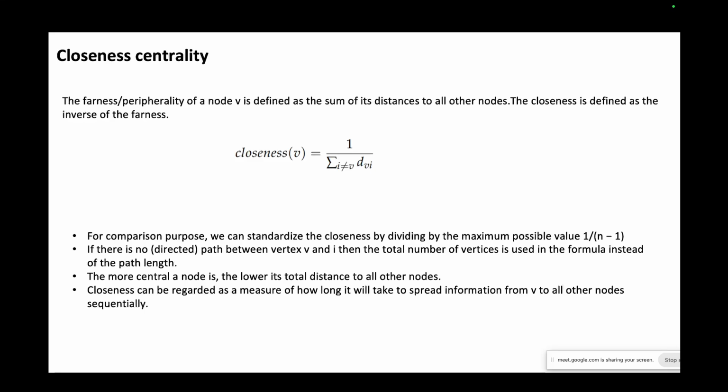So it gives you how centrally located the node is. The more central the node is, the lower is its total distance to other nodes. And closeness can be regarded as a measure of how long it will take to spread information from that node to all other nodes in a sequential manner.